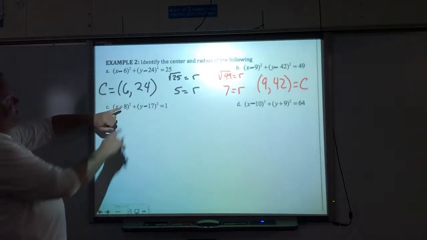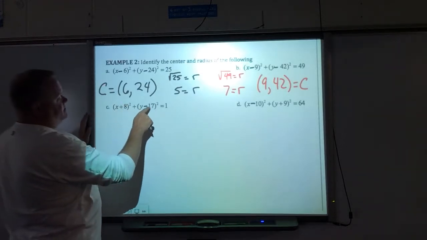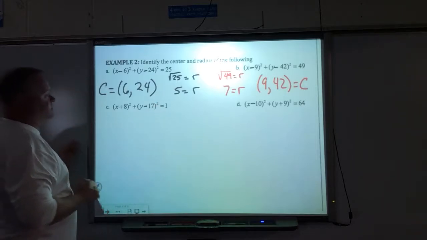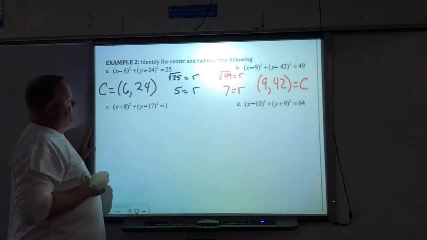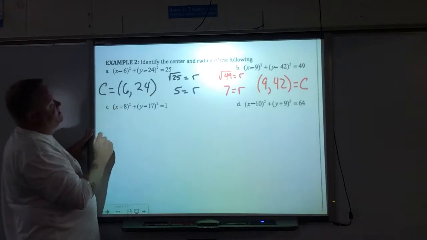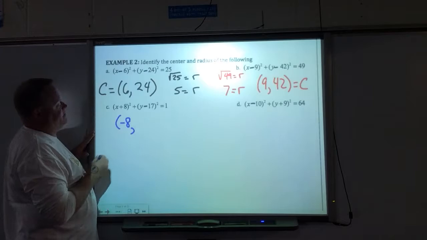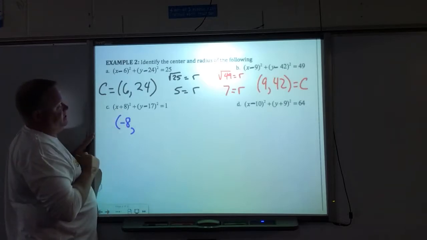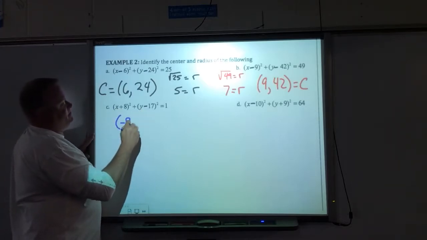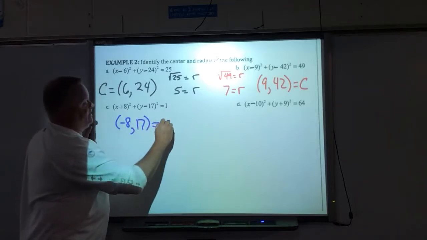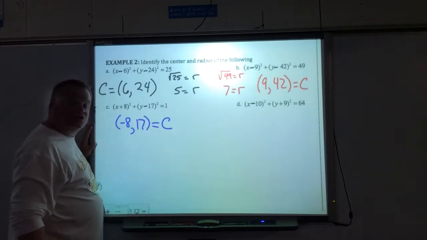I have x plus 8 squared plus y minus 17 squared equals 1. Let's do the center first. This 8 is positive, so my first value is going to be a negative. Since it's a positive, it's a -8. And then a -17 becomes positive. So the point -8, 17 is my center of my circle.